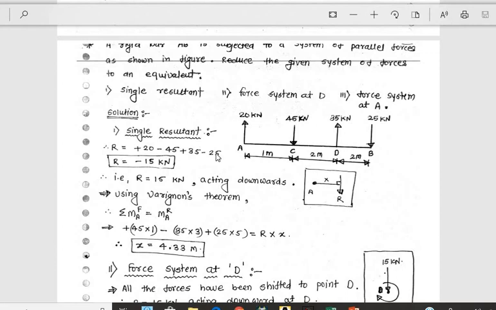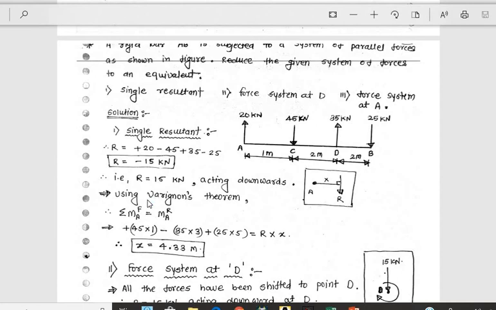Just apply Fy is equal to R because there is no horizontal force. So R is equal to plus 20 because upward, minus 45 because downward, plus 35 because upward, and minus 24 because downward. Therefore resultant is coming minus 15. Minus 15 means it is acting downward. R is equal to 15 acting downwards.